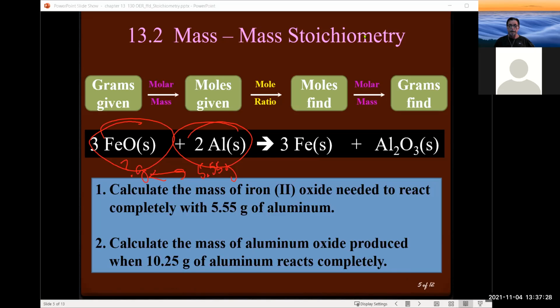A second question could be: calculate the mass of aluminum oxide, one of the products, produced when 10.25 grams of aluminum reacts. So that's the relationship we're concerned about for the second problem.